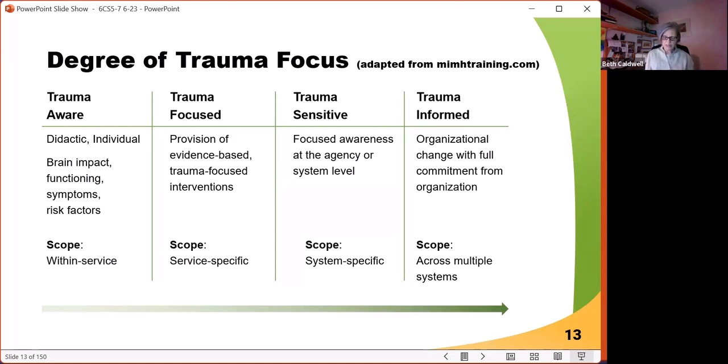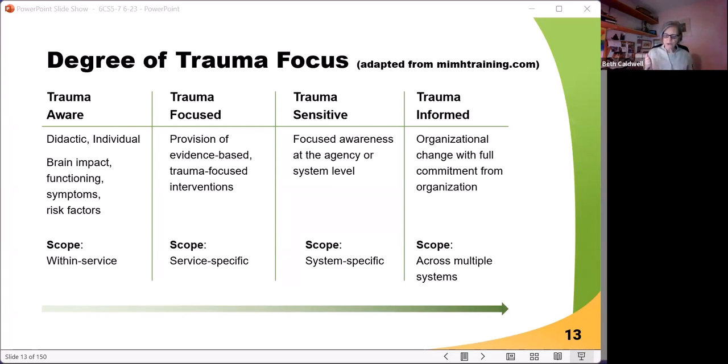When we have that approach, it's not just with the people we serve, it's actually with each other. So we'll need to move from just trauma awareness, which is some of the things we did yesterday, to being more trauma focused. But be careful: just because we implement some clinical evidence-based trauma-focused interventions doesn't mean that we really have a program that's trauma sensitive and truly trauma informed. I know I look 25, but I'm 102 or something, and I've worked with staff in every state in this country and a couple of other countries.